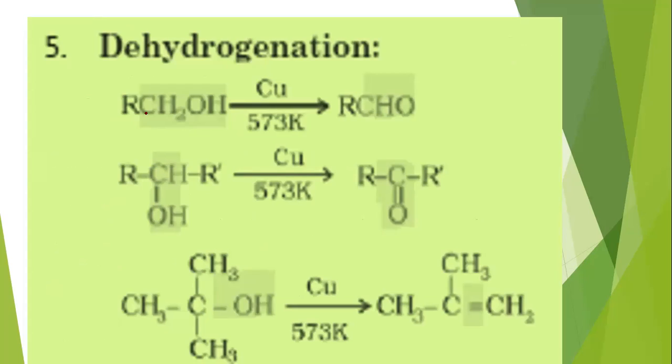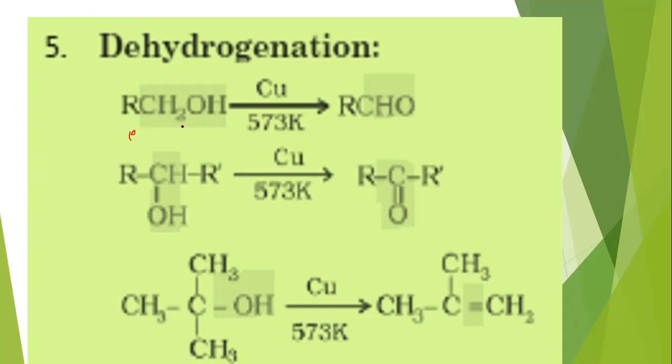Dehydrogenation. Here in this reaction hydrogen, H2, is removed. So this is primary alcohol. Primary alcohol when heated in presence of copper at a very high temperature, 573 Kelvin.